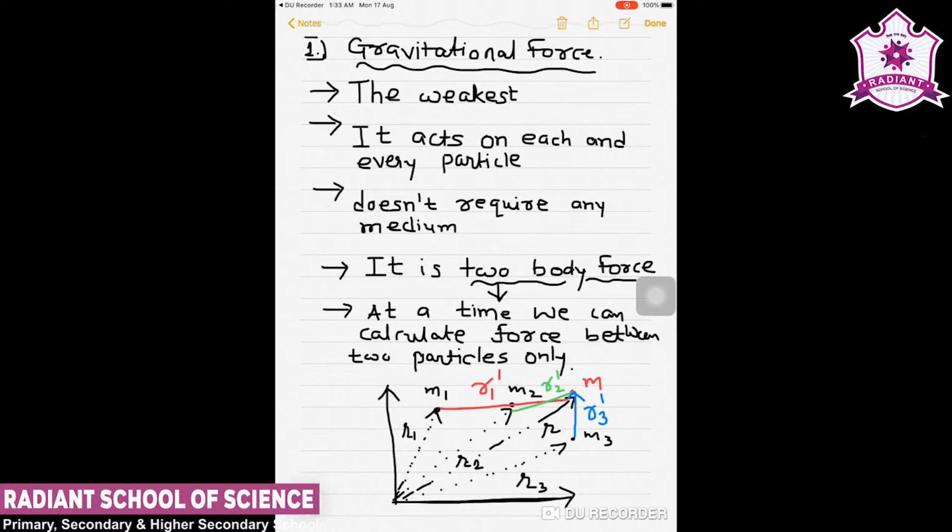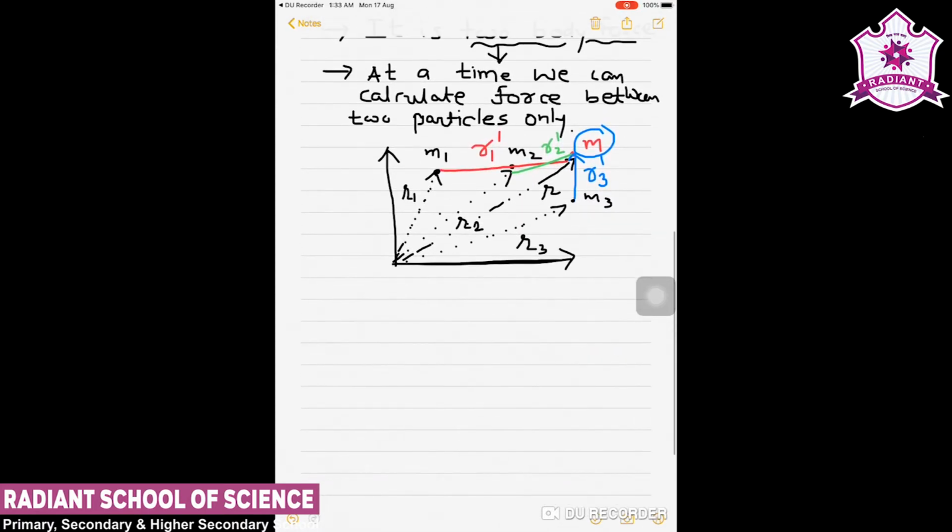Now I want to find out the force acting on m. So as per this two body force rule, I can say that the statement of gravitational force is that each and every particle in the universe acts with a gravitational force on each other.